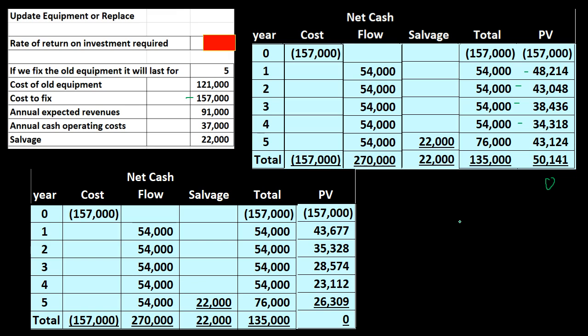So if we just use the internal rate of return function within Excel, we get 23.63%. So again, that's going to be the rate that we need in order for this cash flow to calculate to result in a zero balance.